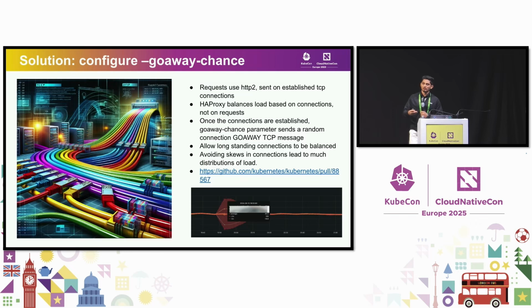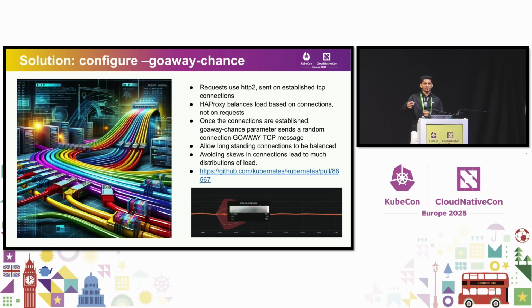So when we think about requests, HTTP requests that are sent from a client to API server, underneath the hood, they are working on established TCP connections, and these connections are long-lived. So think of this connection as pipes that are established, and think of the requests as buckets of water that can flow up and down these pipes.